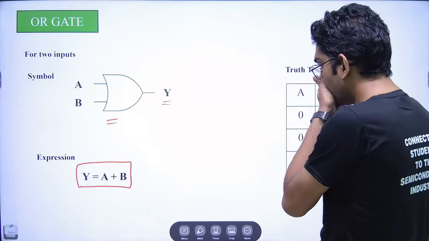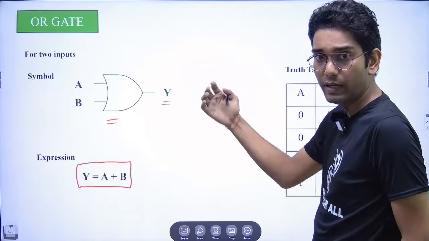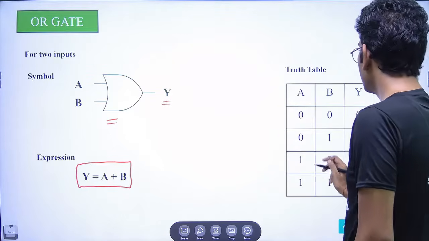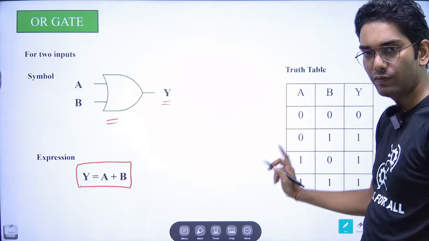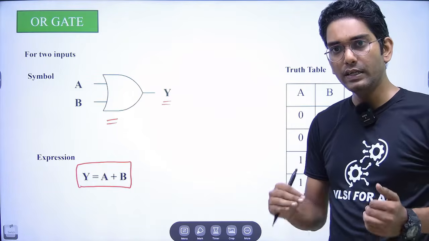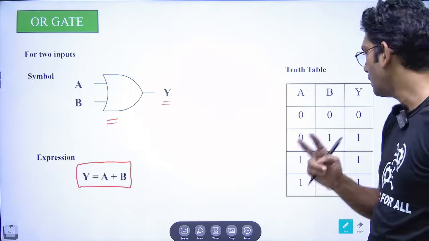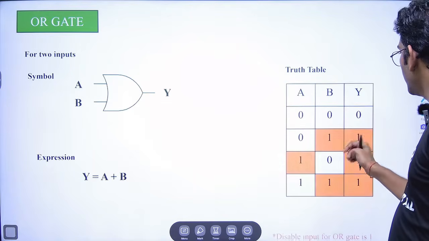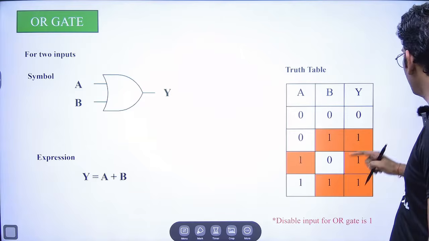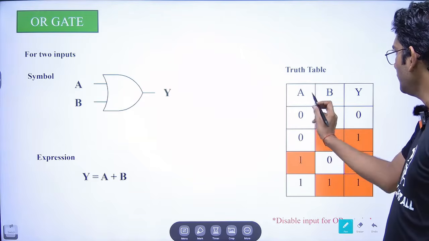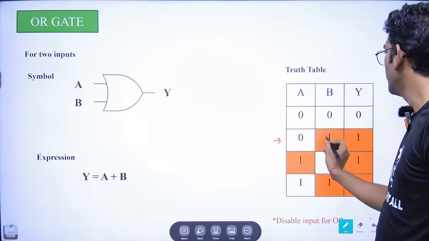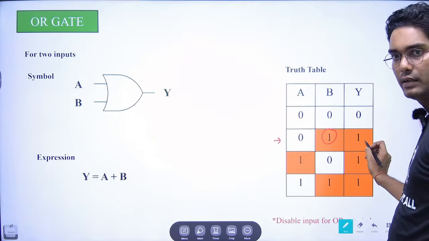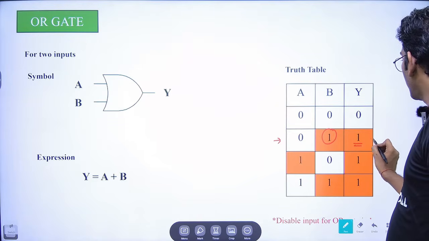So what is the basic function of this OR gate? The basic function of this OR gate is, if any of the inputs is 1, then it will give 1 as our output. So this is the basic functionality. You can see here, B is 1, so we are getting Y output as 1.